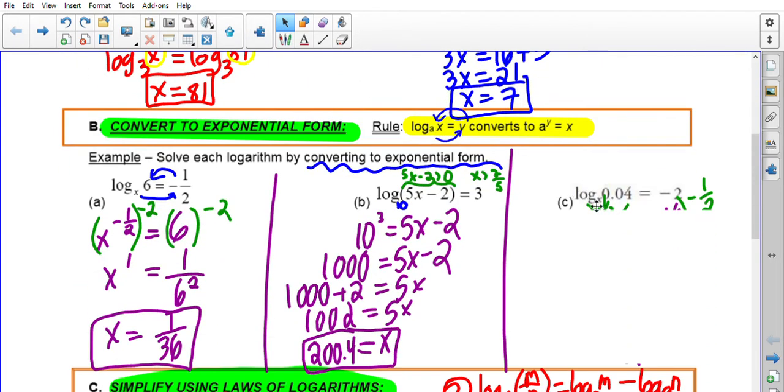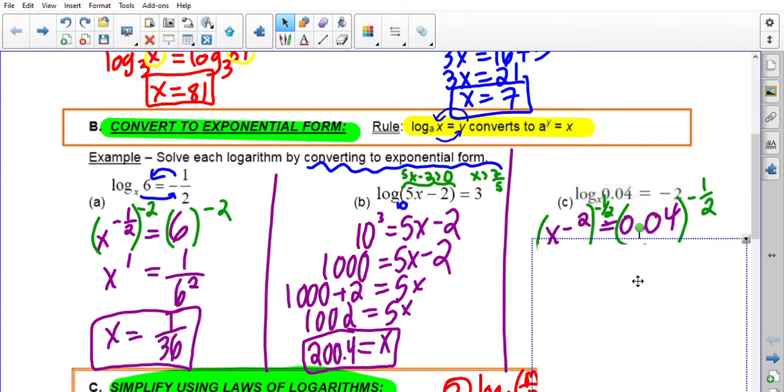All right, log of 0.04 to the base x equals negative 2. So let's convert. We get x to the negative 2 equals 0.04. When we do this, we have to get rid of the negative 2.